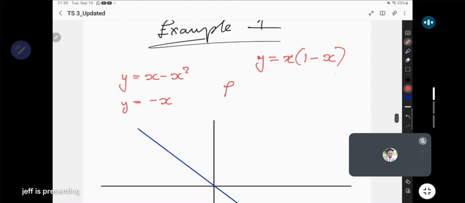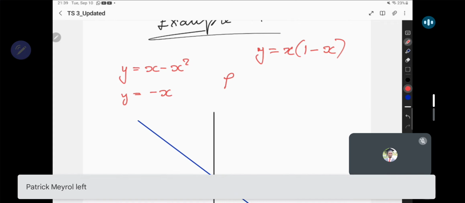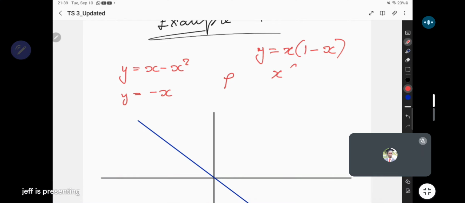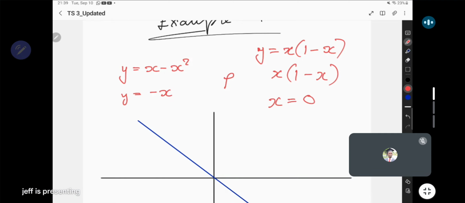When I continue this expression, I want to find the critical points here, or where it will cut the x-axis. So I equate this to 0 to find where it cuts the x-axis. And when I equate it to 0, I find that it cuts the x-axis at x is equal to 0. It also cuts the x-axis when 1 minus x is equal to 0, and at that point, I see that x will be equal to 1. So it cuts the x-axis when x is equal to 1, I'll say here. When x is equal to 0, I'll say there. And when x is equal to 1, I'll say here.